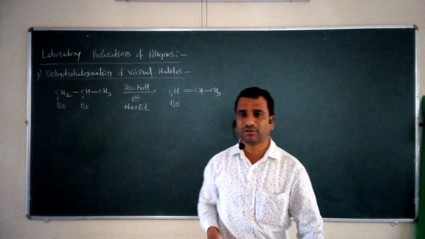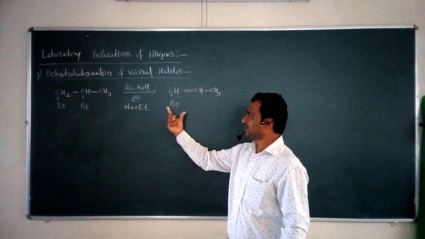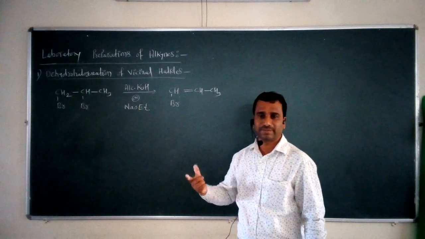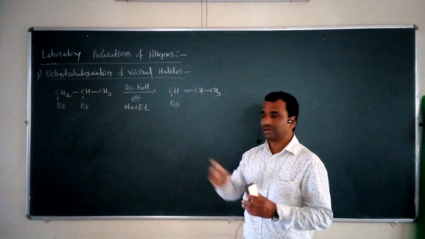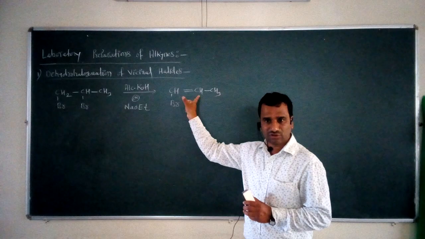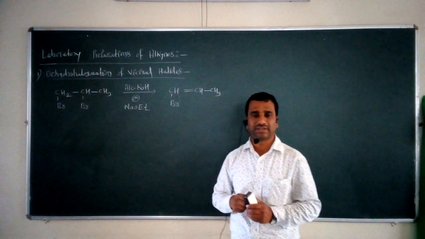This type of alkene formation takes place, meaning there is a removal of HBr, and after the removal of HBr we get such a carbon double bond carbon, that is, the alkene type of compound is obtained. So this is the first step of the reaction.